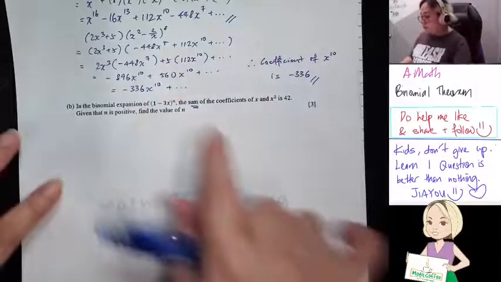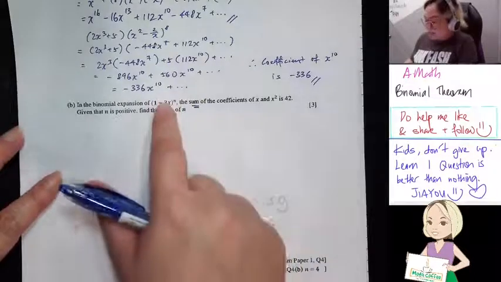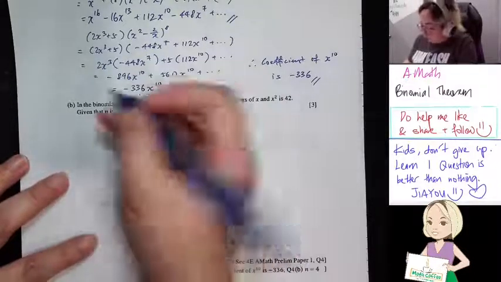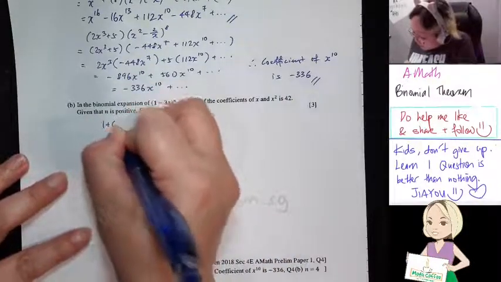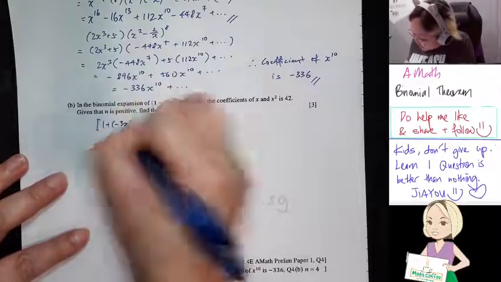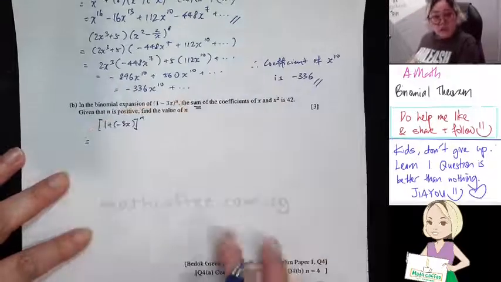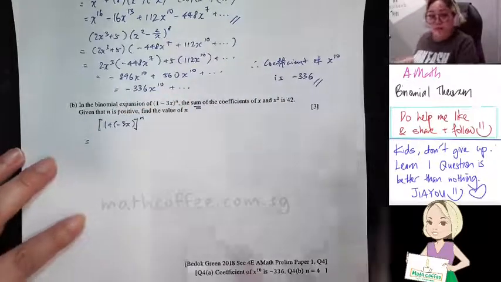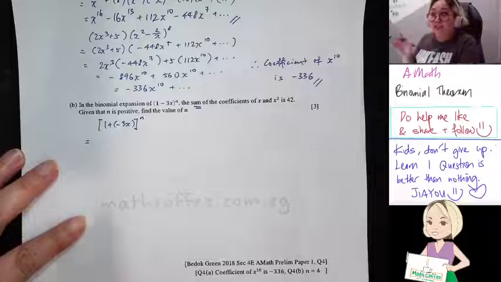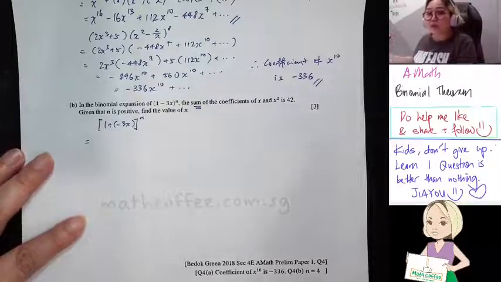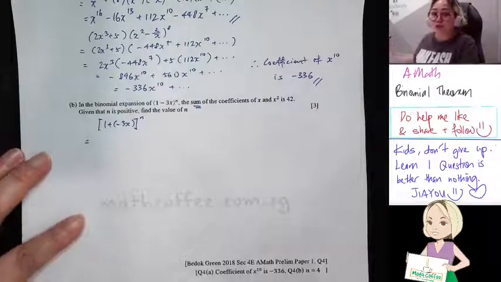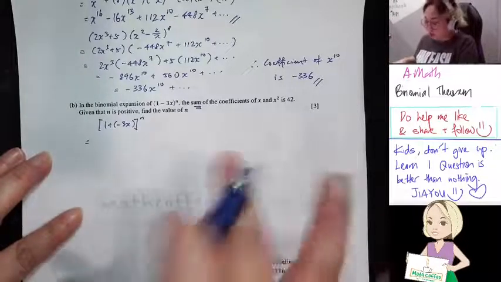So first, let's do our expansion for this one first. Again, this is minus, right? So I will do it as 1 plus negative 3x to the power of n. Okay, let's expand as per normal. Take note later I'm going to do my nC. My n choose 1 is what, my n choose 2 is what, my n choose 3 is what. That's the tough part in this question.